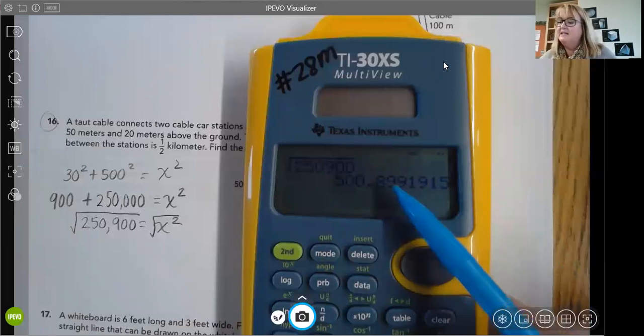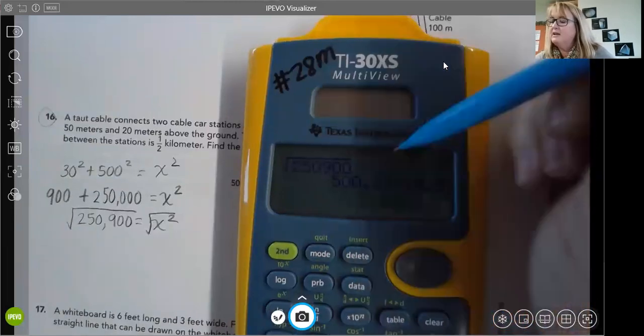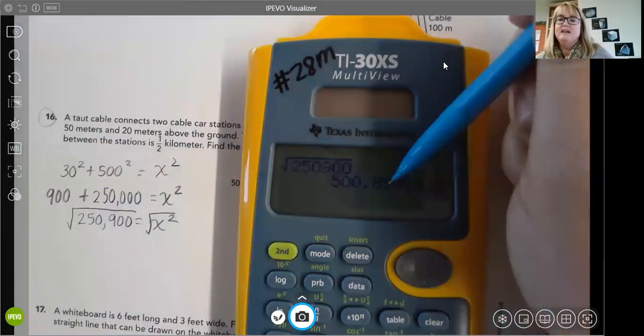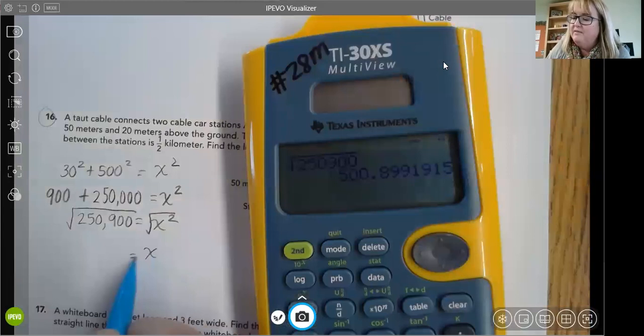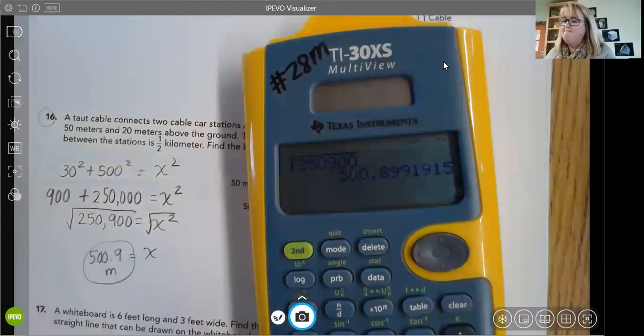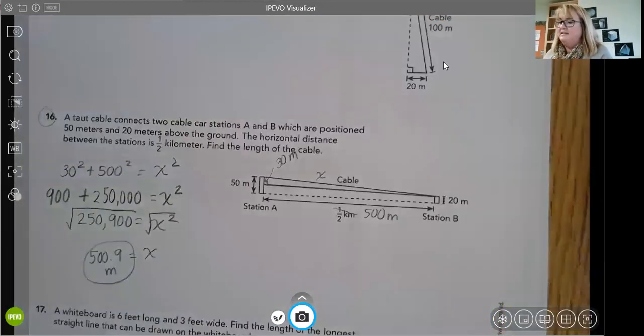The 8 is in the tenths place, but it is going to round up to a 9 because of the 9 next to it. So x is about 500.9 meters.